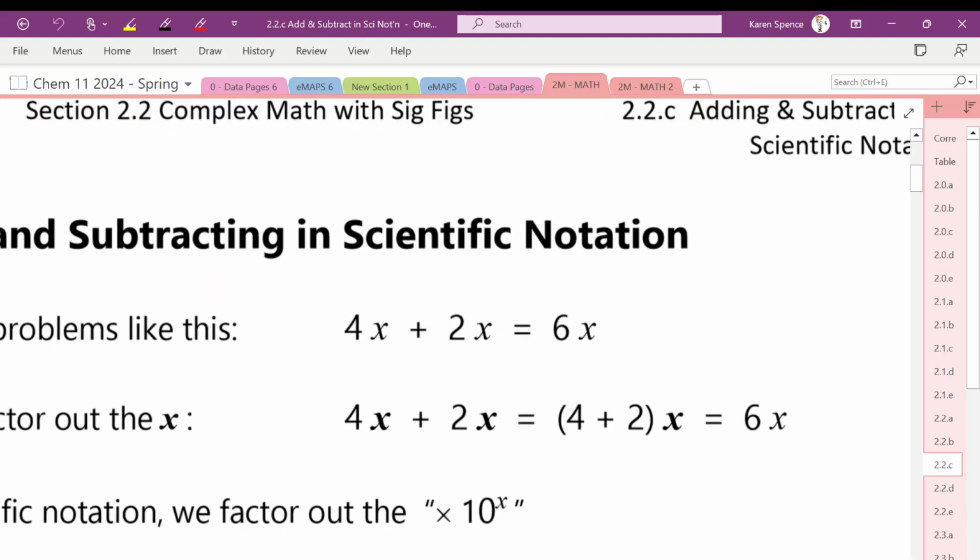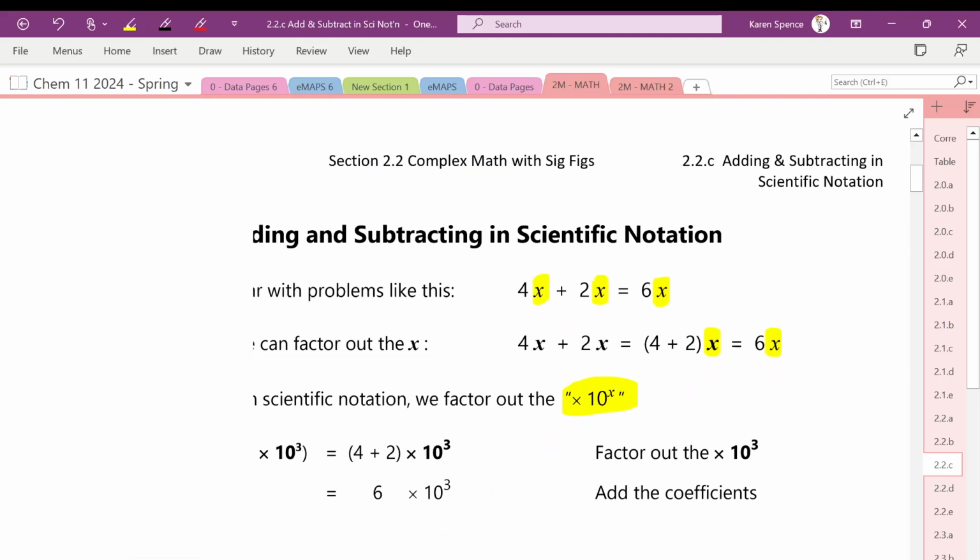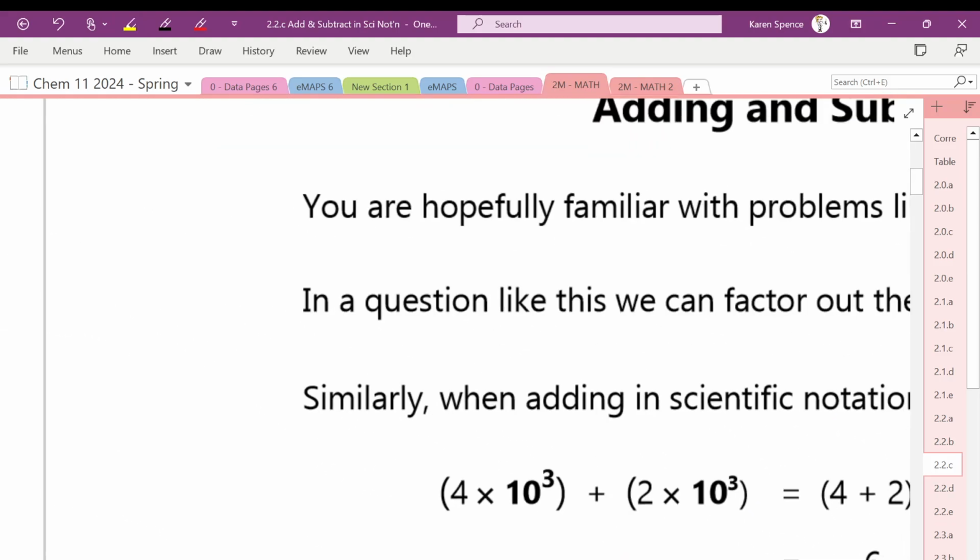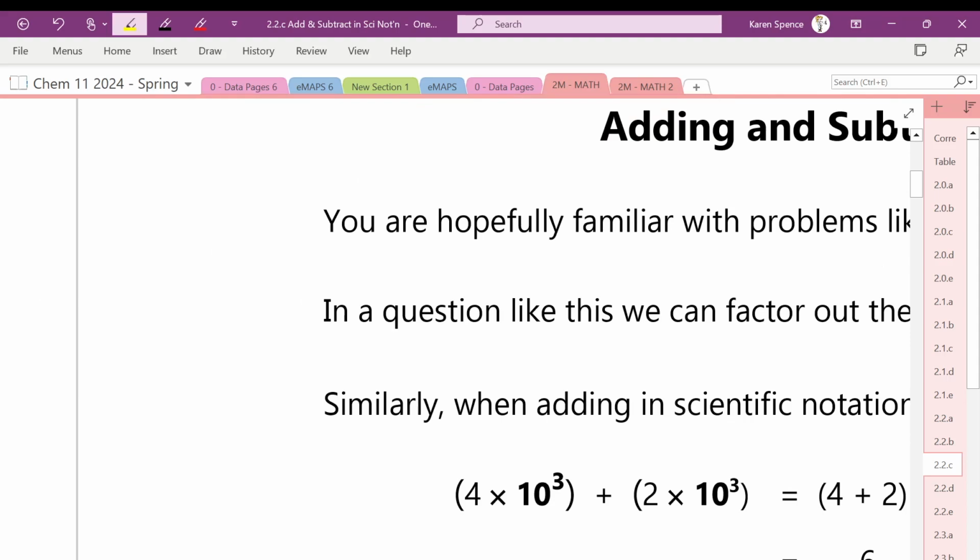Hopefully you guys are familiar with something like this. If you have 4x plus 2x equals 6x, you can factor out the x. Now, instead of factoring out something like an x, we are going to be factoring out the power of 10. So let's say we have 4 times 10 to the 3 plus 2 times 10 to the 3.